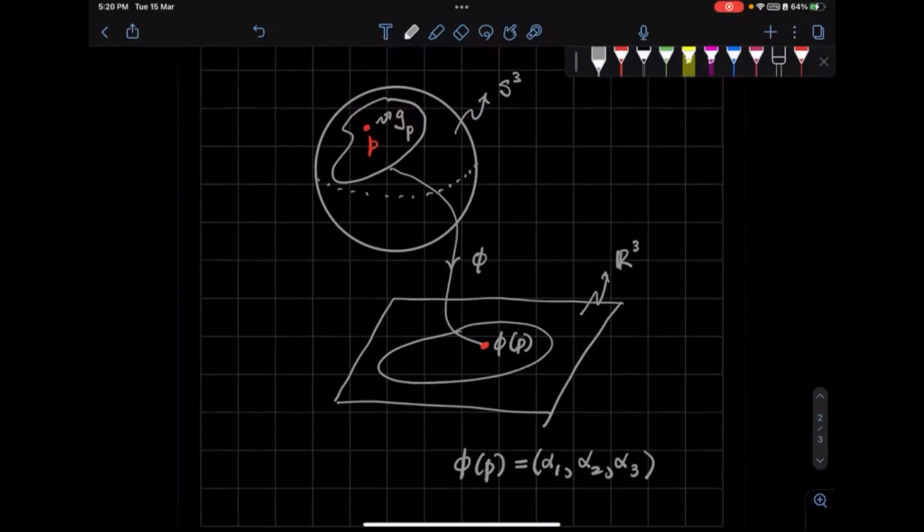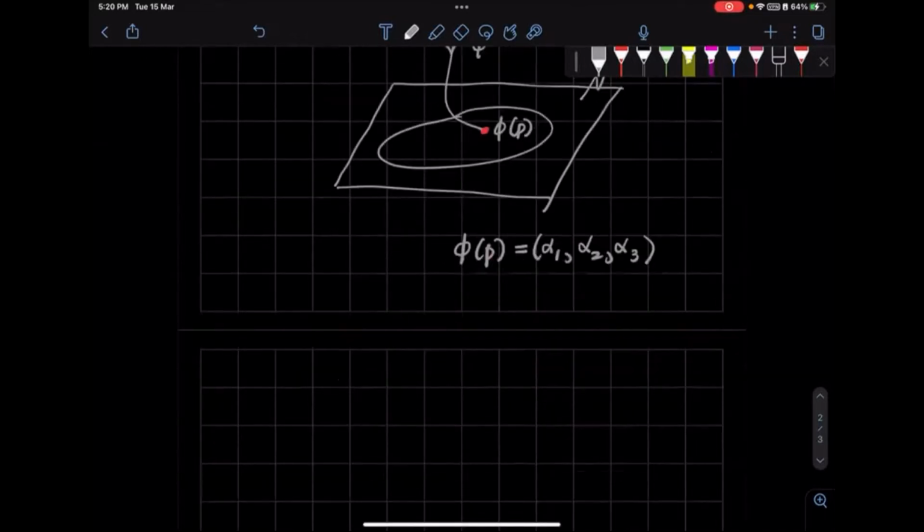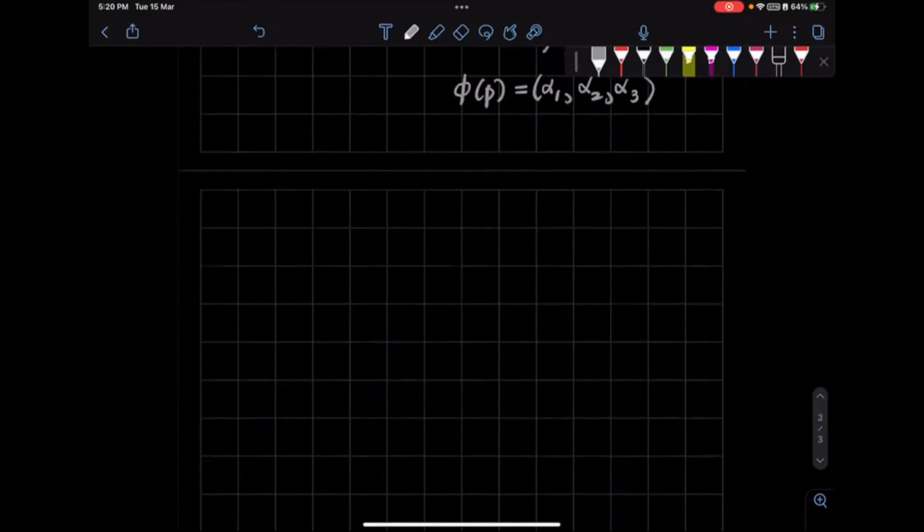So this is basically how a manifold is covered by coordinates. This is a general picture of a coordinate system covering a manifold. Okay, so you actually know this, but you have not been told that you know this.